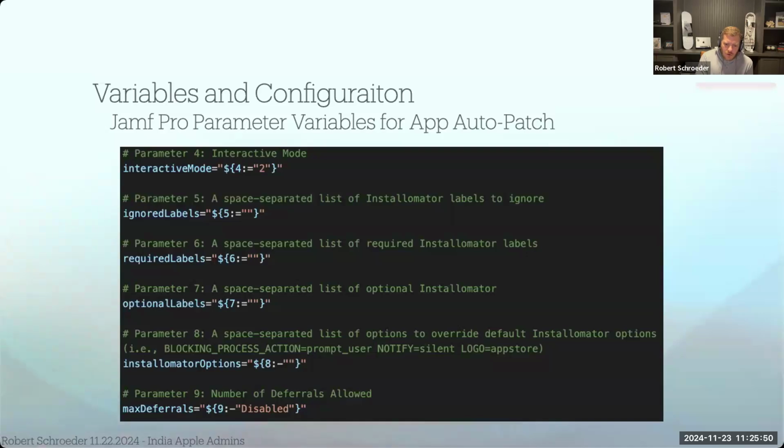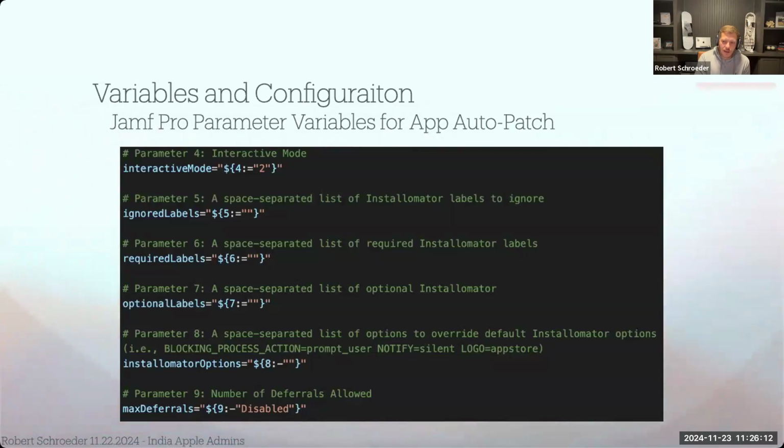Parameter 8 allows for a list of options to override for the Installomator options, such as the blocking process action and Installomator notifications. So by default, you can see that we set the blocking process action to prompt user, the notify to silent, and the logo set to app store.